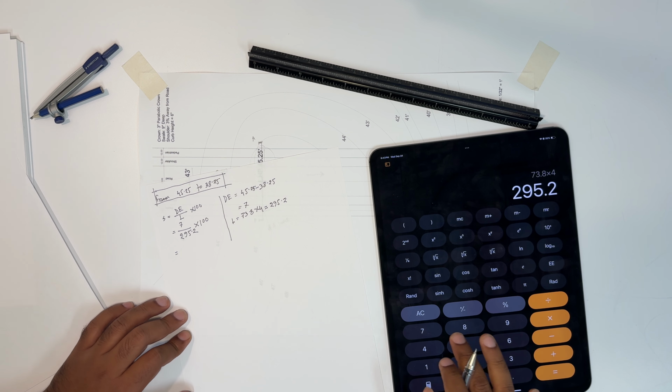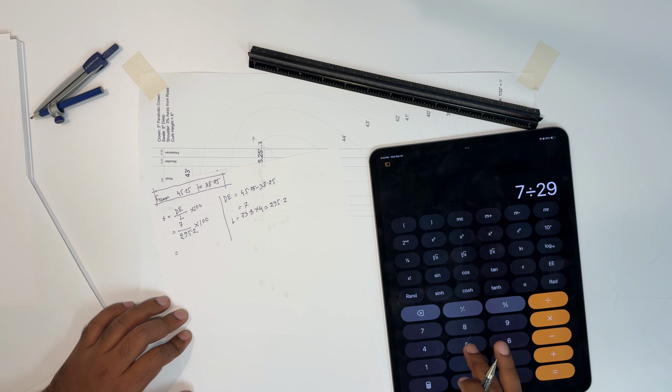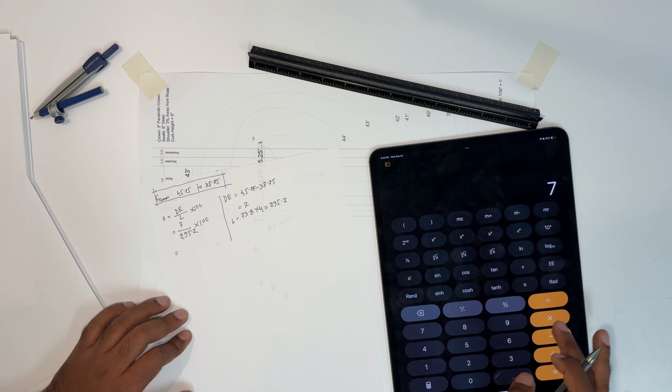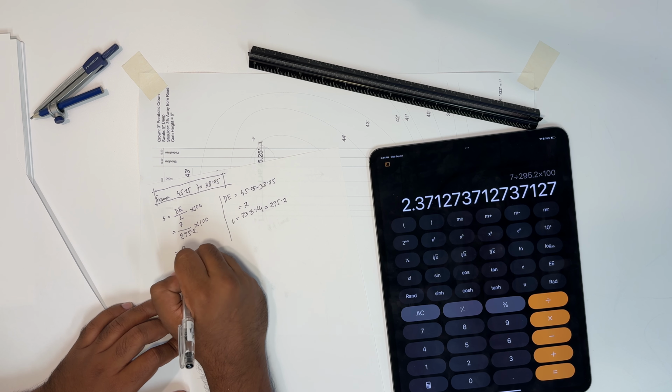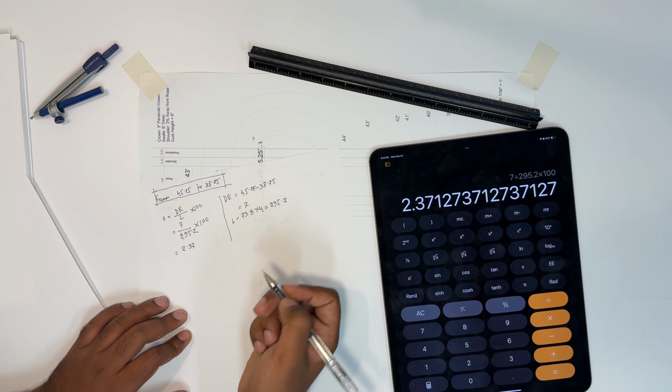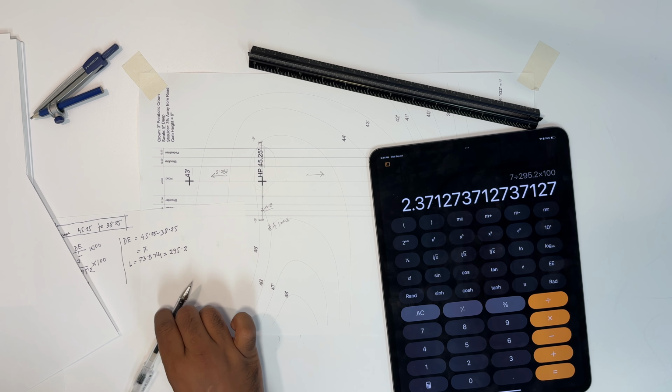And that becomes 2.37. Okay, so let's write that down as well.